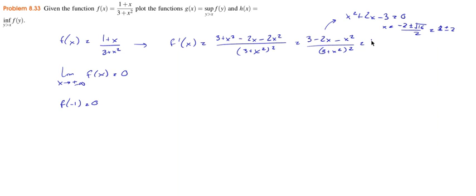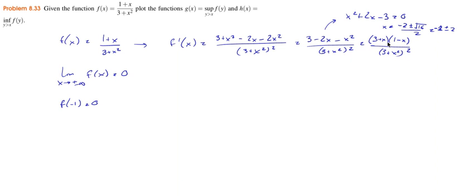So this is (3 + x) times (1 - x), if I'm correct. Yep. And then divided by (3 + x²) squared, right?